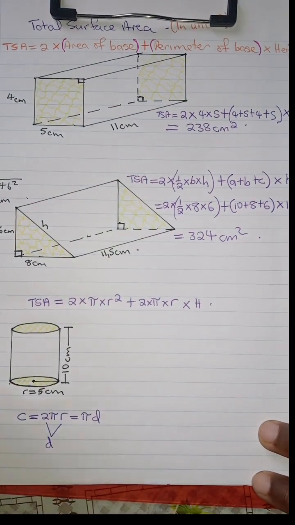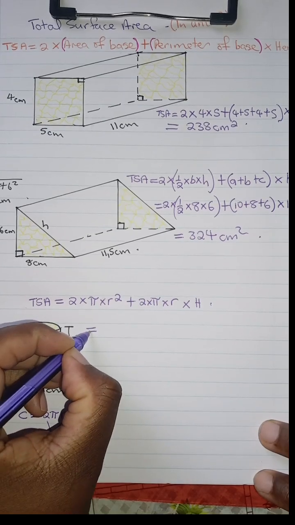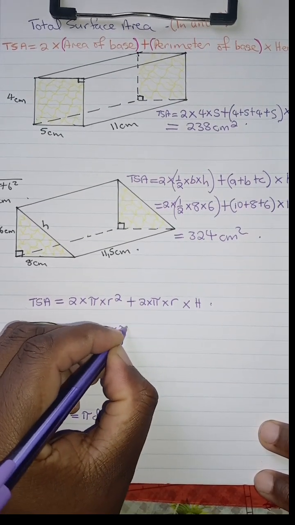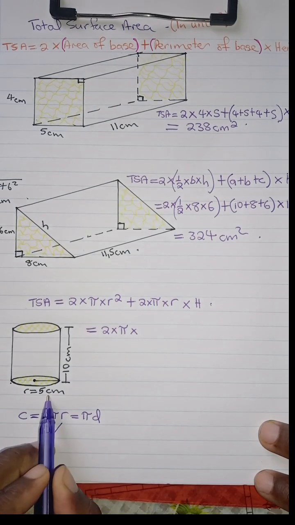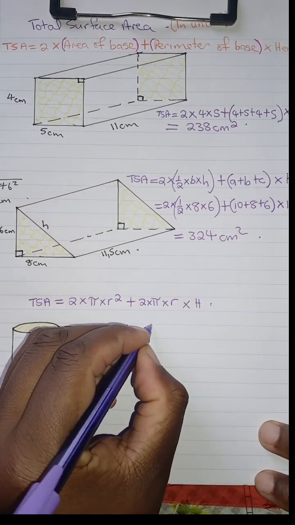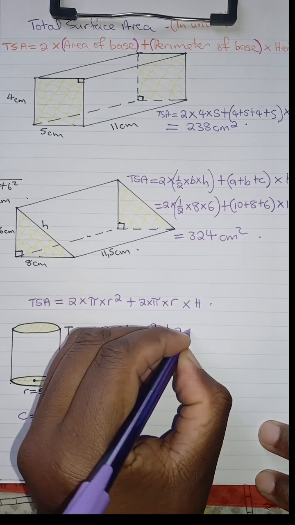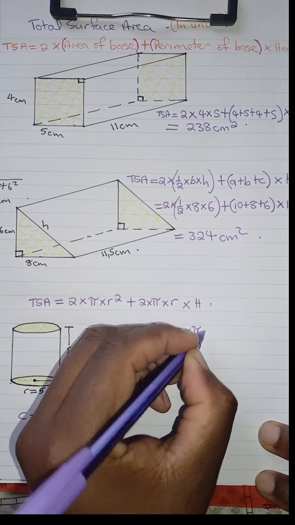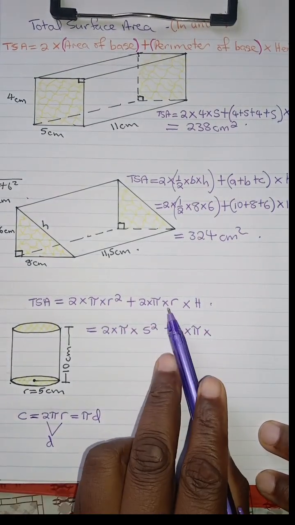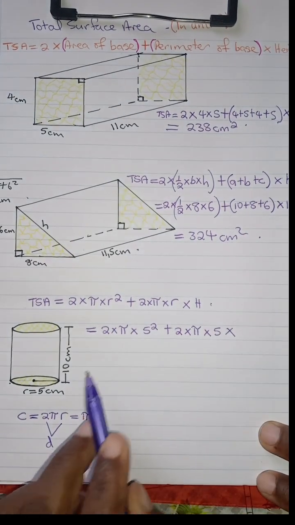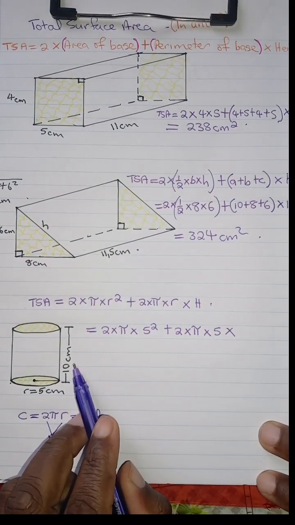That is our formula, and then substituting into the formula there is 2 times pi times your radius is 5, so it's 5 squared, plus 2 times pi times your radius is 5 multiplied by your height is 10 centimeters here.